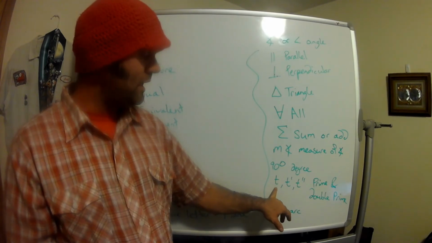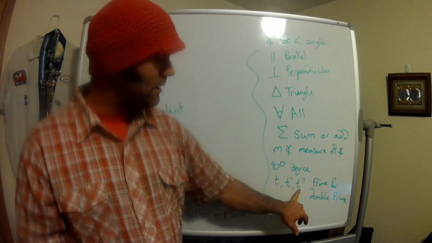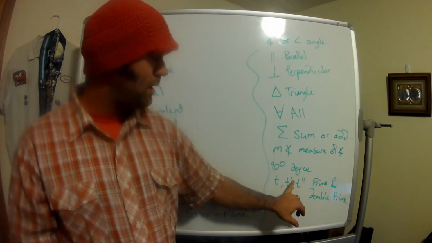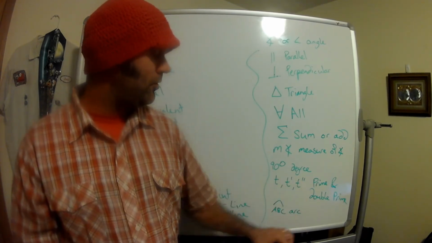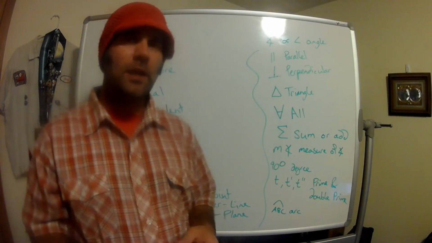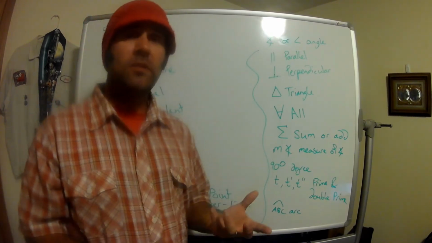Here I've got T, T prime and T double prime. So prime and double prime. And this is usually indicating some kind of movement of a line.